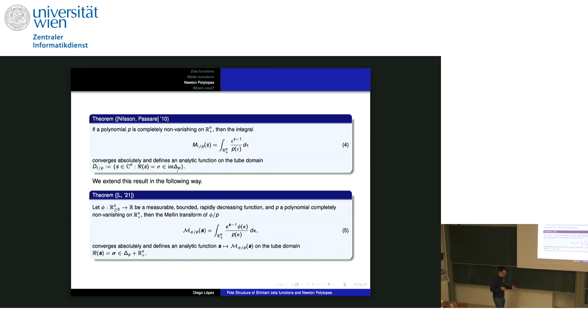Okay, so what do Newton polytopes have to do with the Mellin transform and with Shintani zetas? Well, I recall a theorem by Nilsson and Passare in 2010, which says that the Mellin transform of 1 over P, with P being a completely non-vanishing polynomial, I'm not going to explain what completely non-vanishing is, is absolutely convergent on this tube domain, whenever the real part of s is in the interior of the Newton polytope.